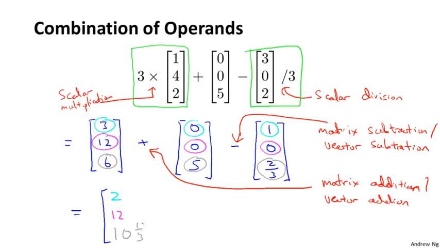And I'm going to close my square bracket. And so this gives me a 3 by 1 matrix, which is also just called a 3-dimensional vector, which is the outcome of this calculation over here. So that's how you add and subtract matrices and vectors and multiply them by scalars, so by real numbers.